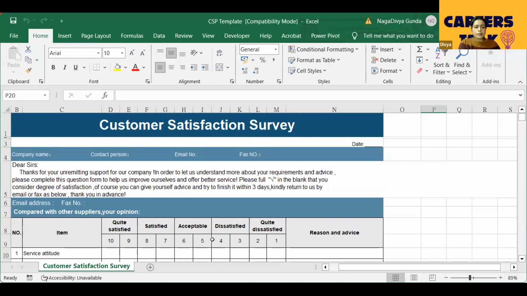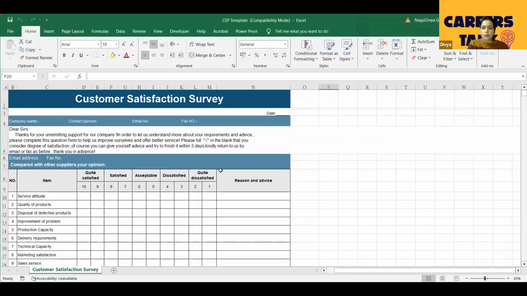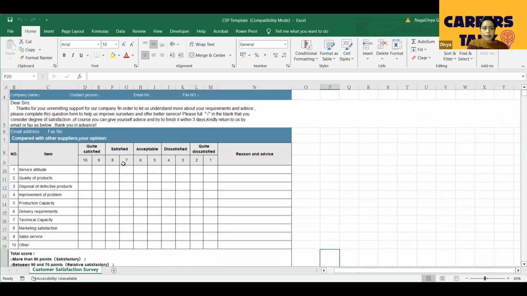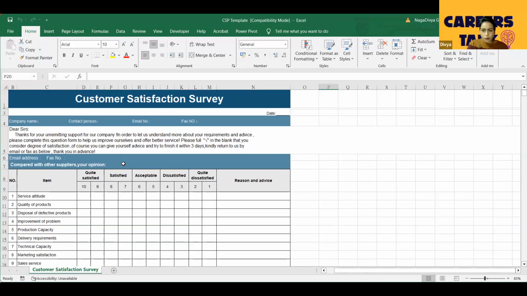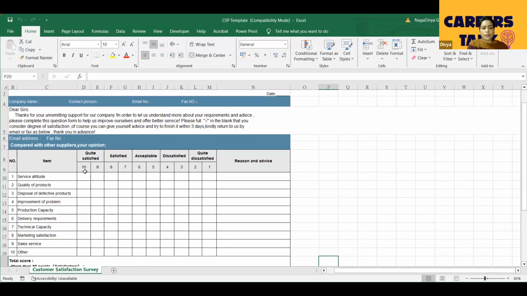So this is a sample survey template used for a customer after a service, and here we have given a rating on a 1 to 10 scale, with 10 being quite satisfied and 1 being quite dissatisfied.